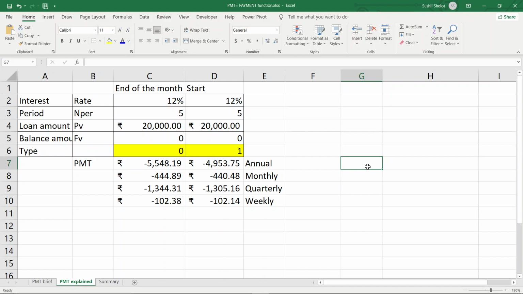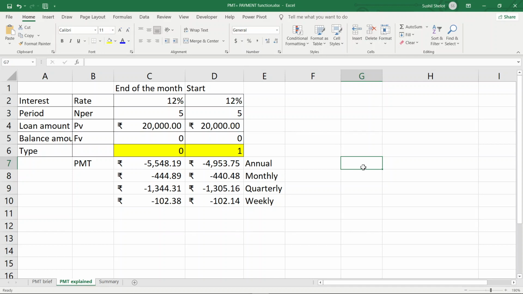Fine. So friends, with this I think I have made it quite clear how the PMT function is to be used for the constant rate of interest and the constant frequency of the repayment of the loan. So based on the repayment frequency, that is weekly, quarterly, monthly and annual, the value of the repayment will change. If it is at the beginning of the repayment tenure, what shall be the installment values?